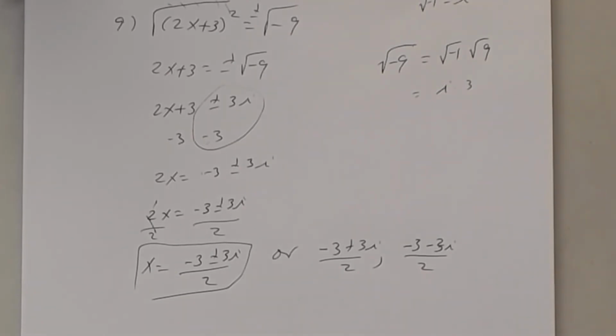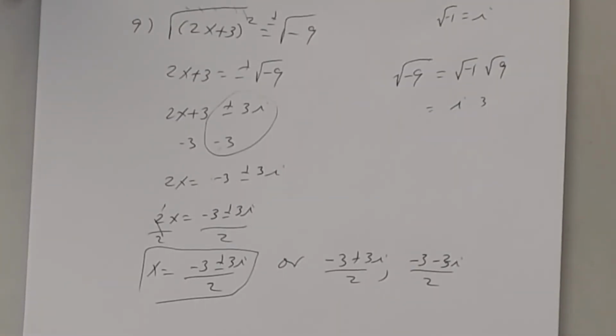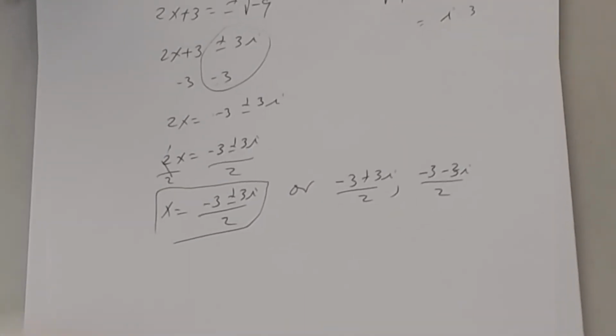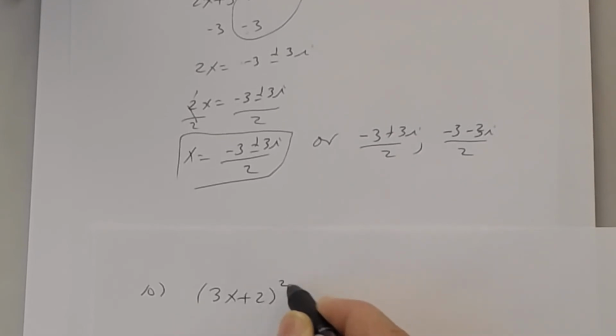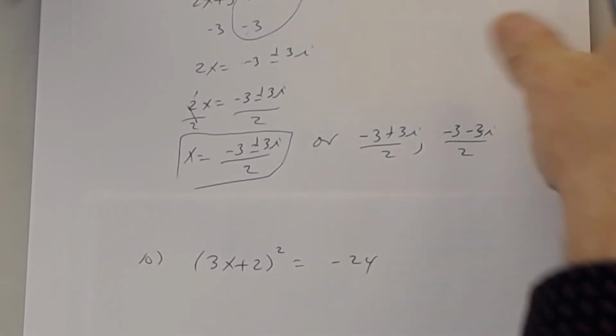All right, and then finally, let's look at one more, number 10. Suppose at number 10, I had 3x plus 2 squared equal negative 24.